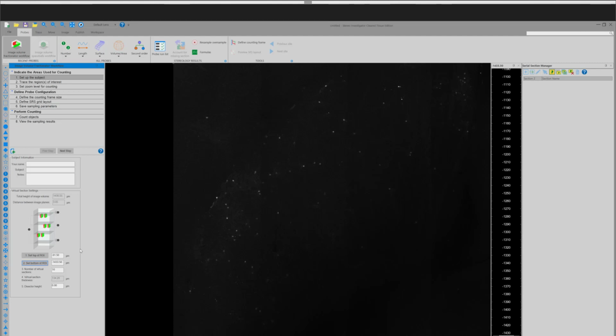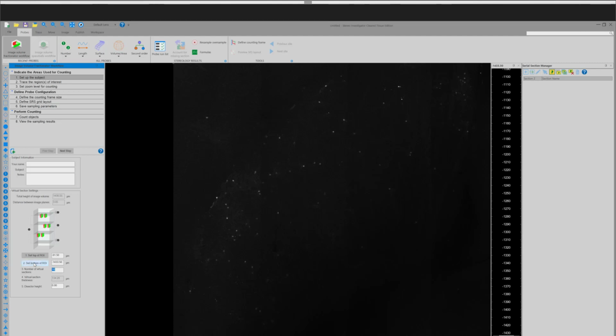That's our region. The next thing that I'm going to do is break this region up between this and this into virtual sections. That's the whole point of this clear tissue using light sheet microscopes, is that we don't have to deal with physical sections, with many physical sections. We just have one. So we need to make virtual sections in here.